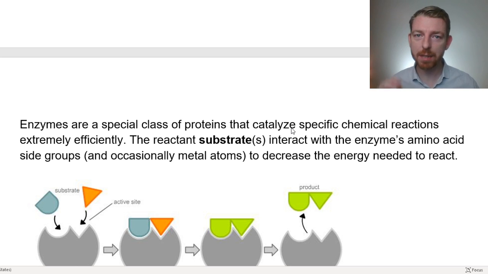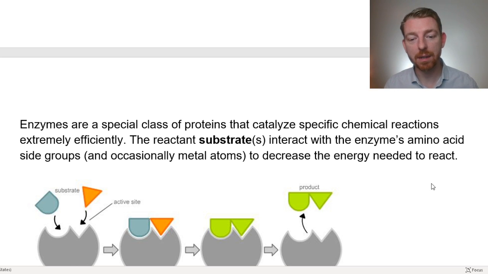They're also very specific just for the reaction that they want to perform. This is one of the ways that our cells can control the concentration of different molecules inside the cell or inside the body as a whole, by activating or deactivating these enzymes, so it can control how quickly or how slowly these molecules are either being produced or being degraded.